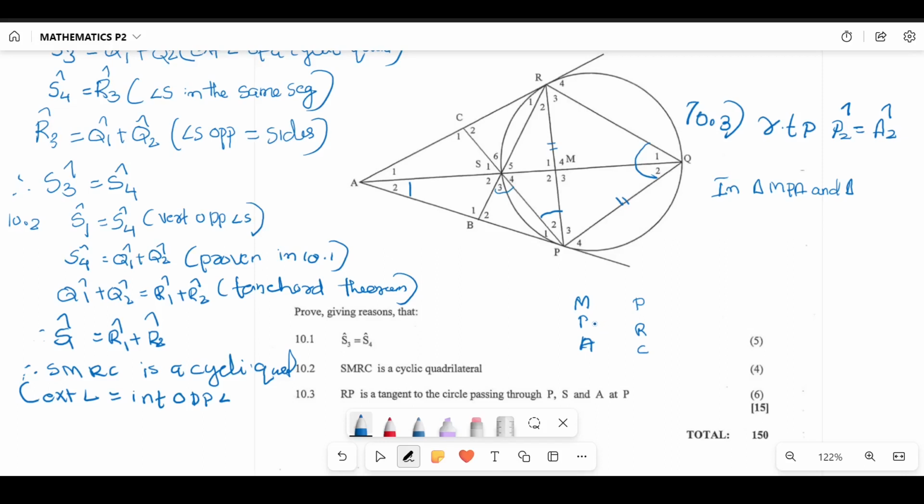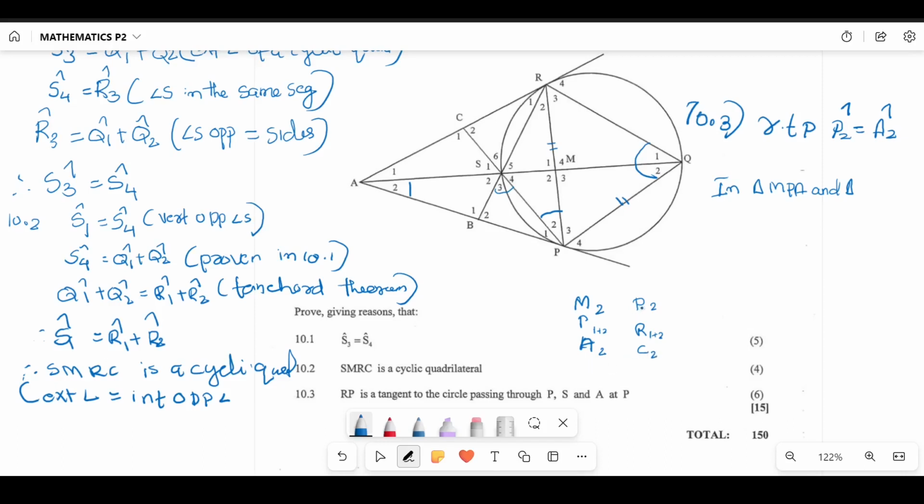Let's see which are the angles used for MPA. MPA is M2, P1 and 2 together, and A2. That is triangle MPA. Now PRC is C2, R1 plus 2, and P2.